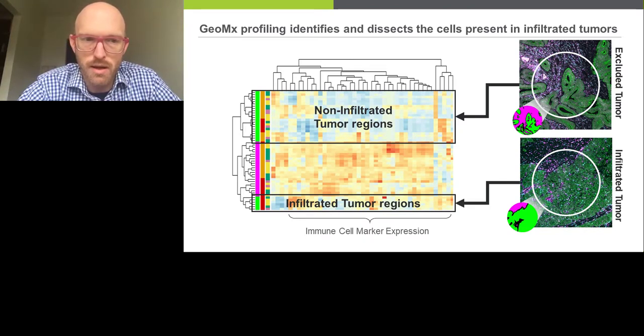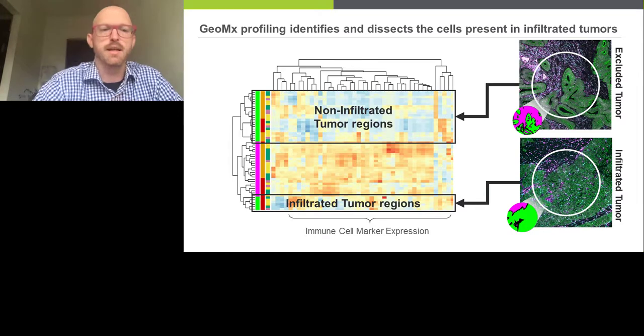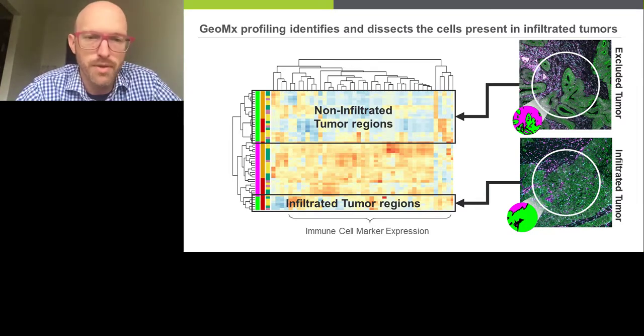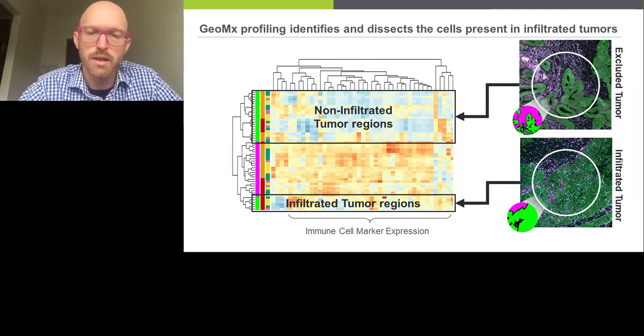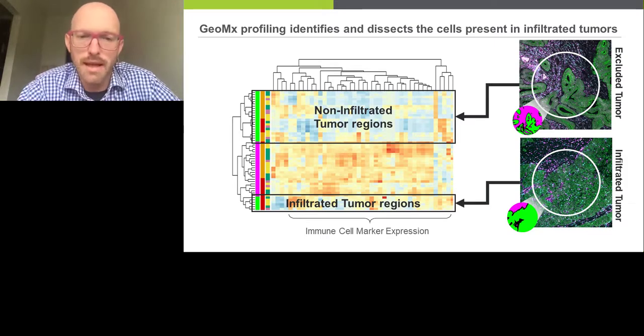And you can see that in green. And then at the bottom, we have these infiltrated tumor regions. It's not annotated here, but the pink on the left is really the immune environment. And so the infiltrated tumor regions look a lot like the immune positive regions, right? The magenta, which is CD45.